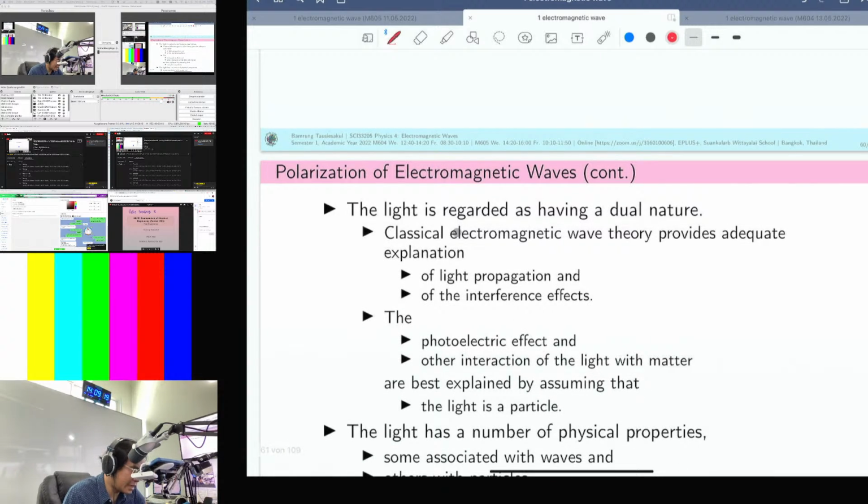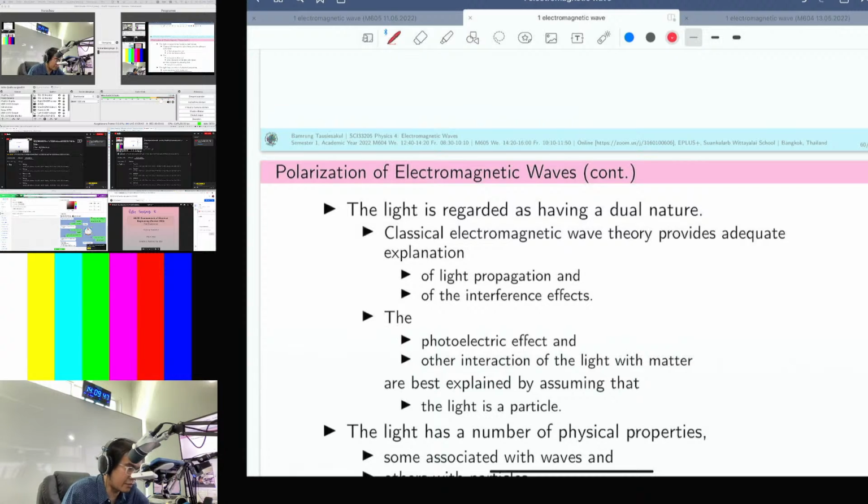The light is regarded as having a dual nature. You can see this word later because it can be also electromagnetic wave, it can be also like a particle, and that's the de Broglie wavelength and so on, but we will not talk about that in this chapter.